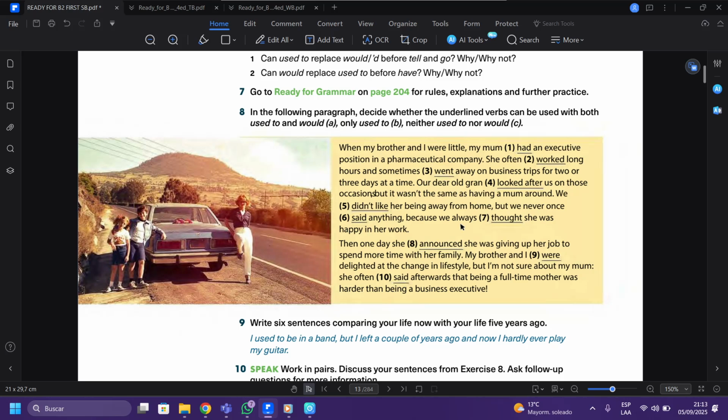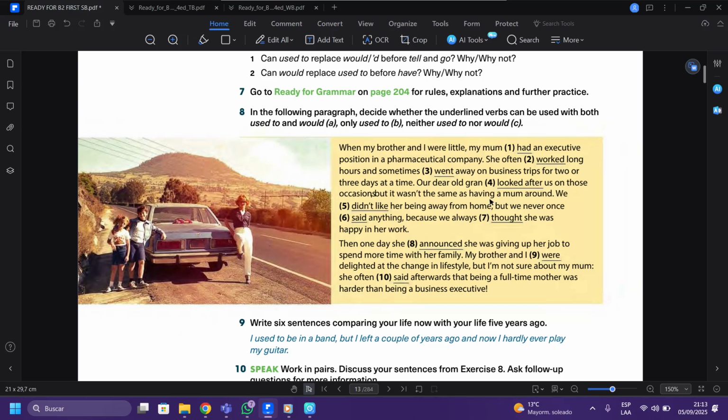In this case, it is would go. Remember that we use would, the modal verb would, to talk about habitual situations in the past that were repeatedly done. For example, in this case, she would go away on business trips for 3 days at a time. It means that she did it so many times repeatedly in the past. That is why we use would. So don't forget that. So let's keep going.